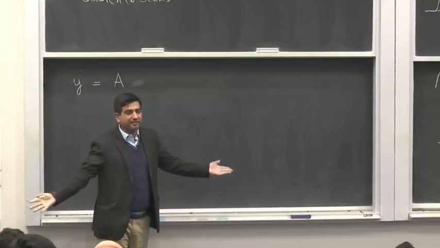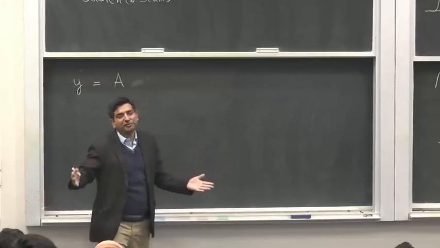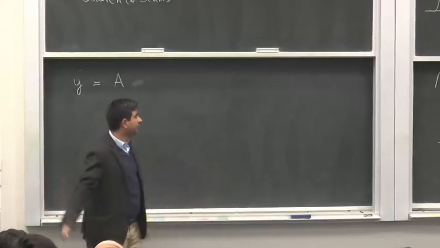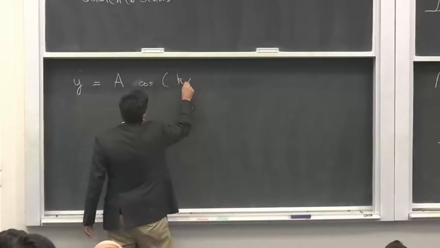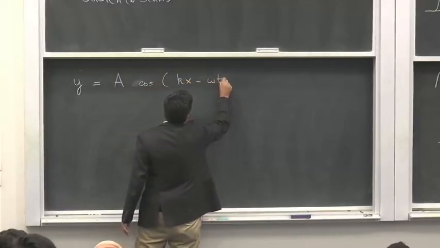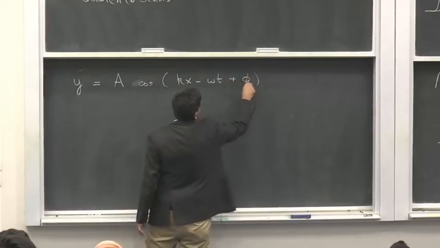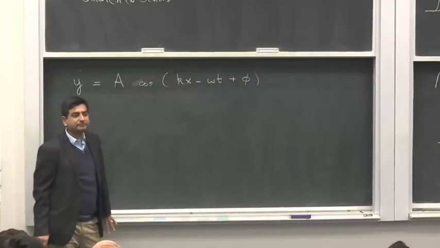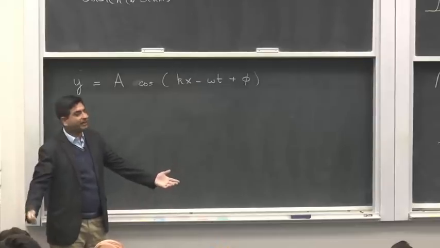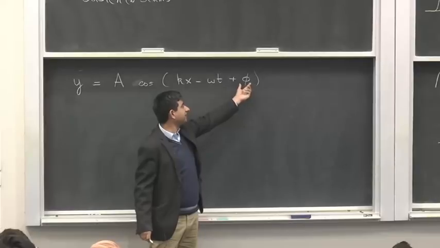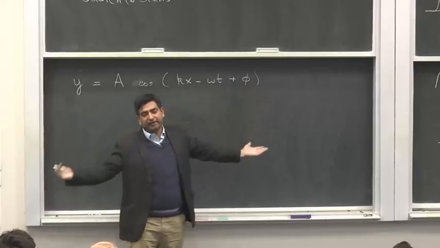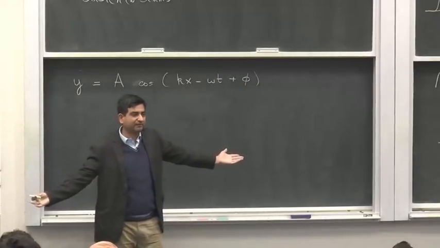It doesn't matter, I can just change the phase. Sine and cosine are on equal footing. So I can write A cosine of kx minus omega t plus phi. If I choose a reference such that the phase is pi by 2, I can convert a sine into a cosine.